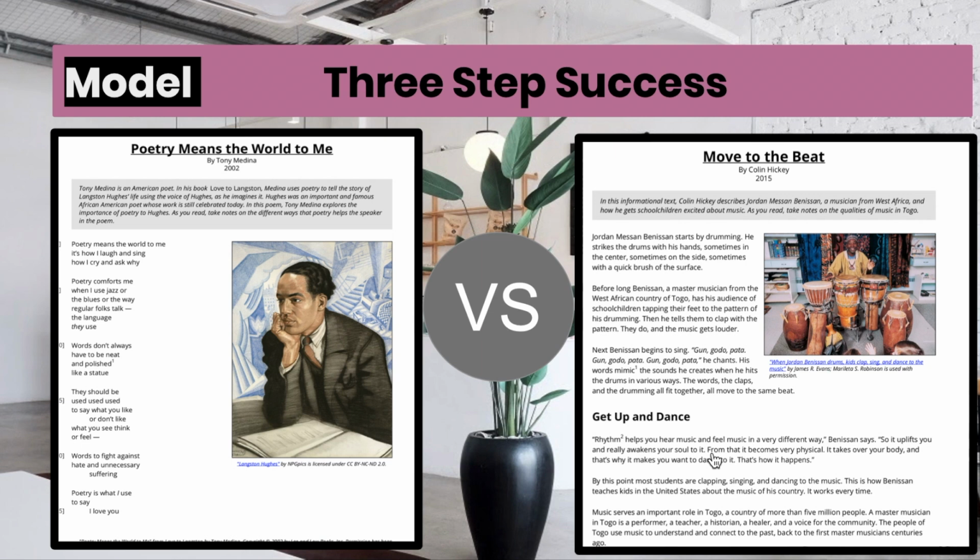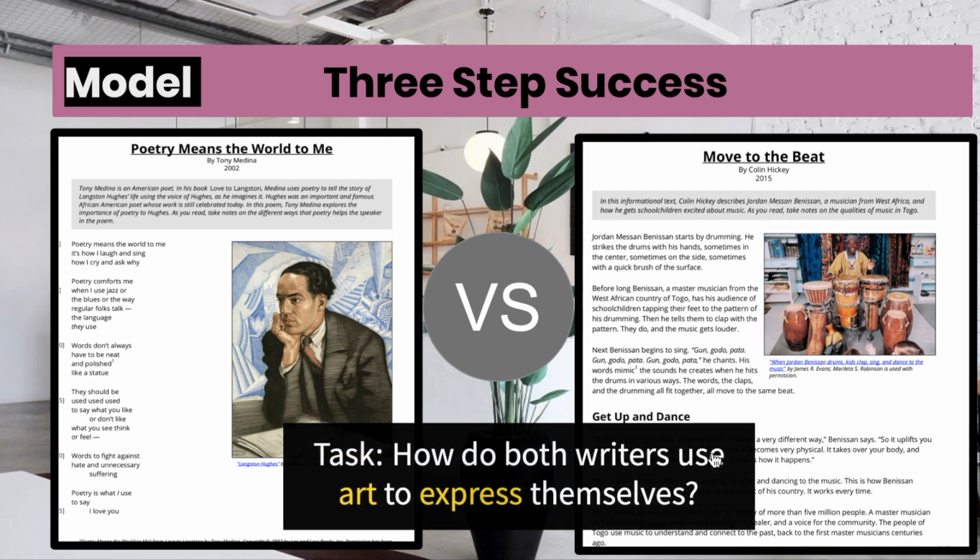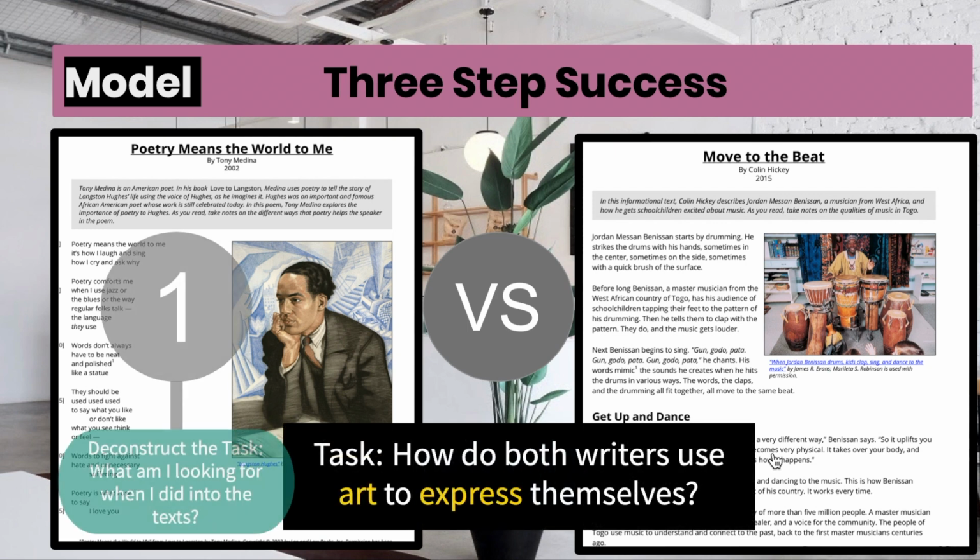This can also be found on CommonLit if you want to take a look at it after this model is over. Step 1 always says to look for a task, so here's the task. How do both writers use art to express themselves? We're going to deconstruct this by going into both texts and seeing how the writers use art to express how they feel. Come along with me, let's get going on step 2.